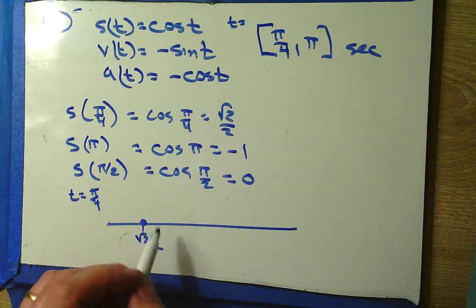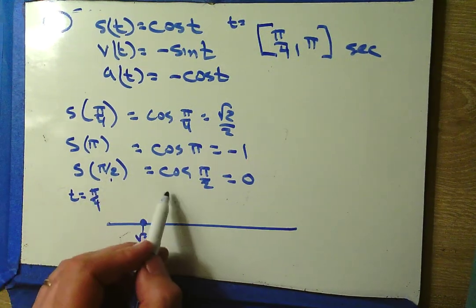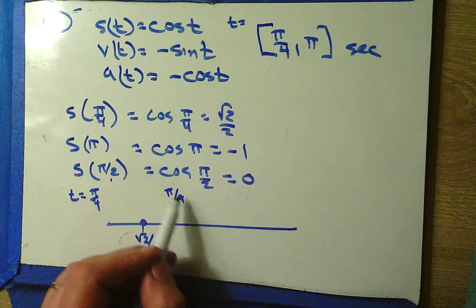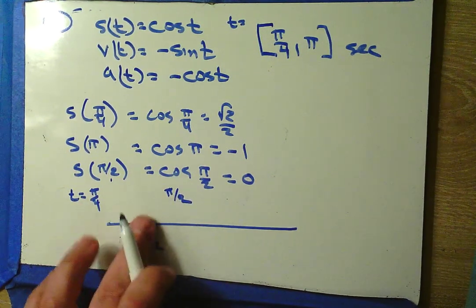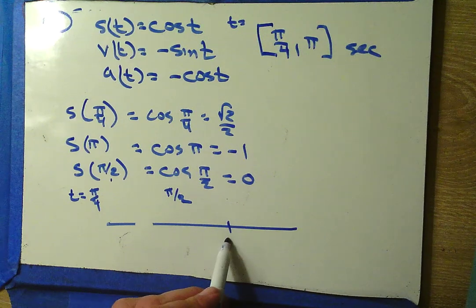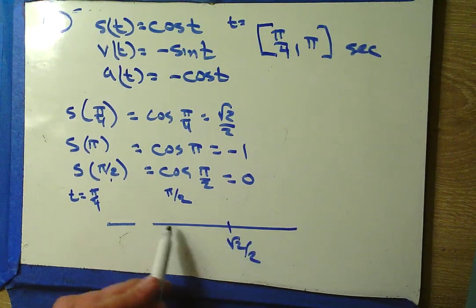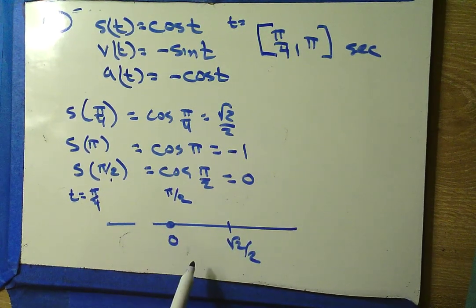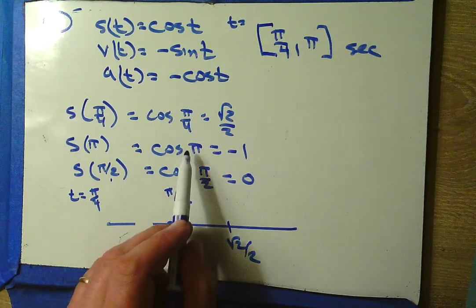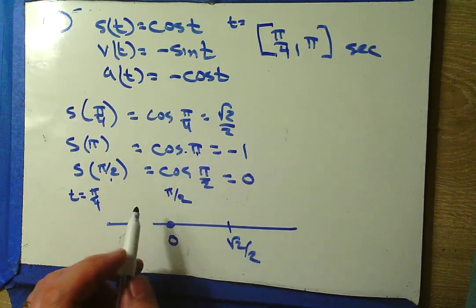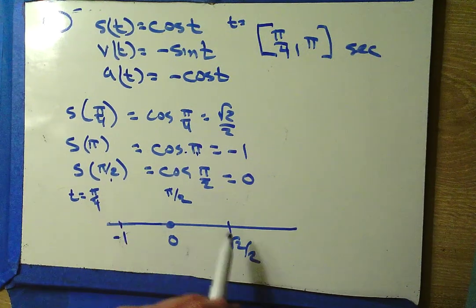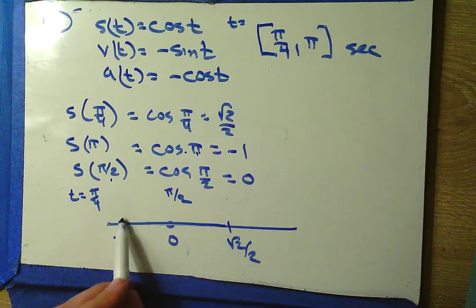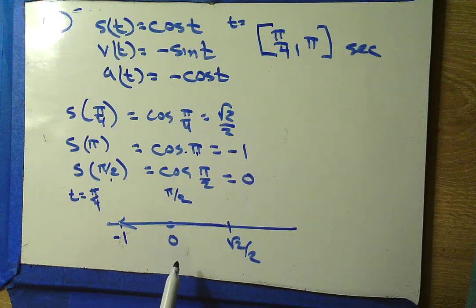And then at time equals pi over 2, we move a little further in time. Now we're going to have a value of 0. And then at time equal to pi, our position is now going to be negative 1. So it appears as though this object is moving to the left the whole time.